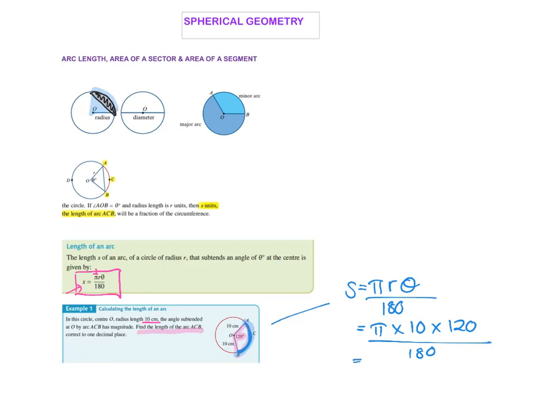It said to do 1 decimal place, so I got that to be 20.9, and it'd be centimeters because it's a length. So we've actually just found the length of that outer edge of the circle in the section they want us. The letter S is what they call arc length. I don't know why, but they use the letter S for it.